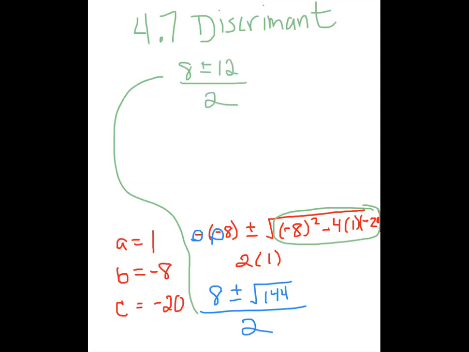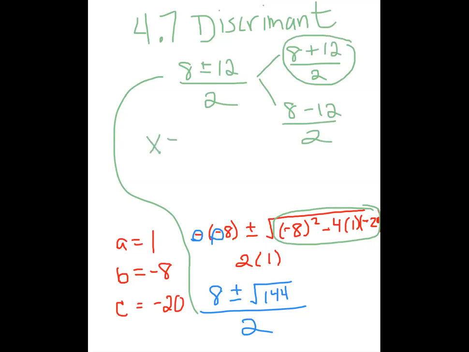And now, since the square root of 144 simplifies to 12, this is where you can break it apart and get the two answers, the two x-intercepts. So you have 8 plus 12 divided by 2, but also 8 minus 12 divided by 2. 8 plus 12 is 20, and 20 divided by 2 is 10. 8 minus 12 is -4, and -4 divided by 2 is -2.